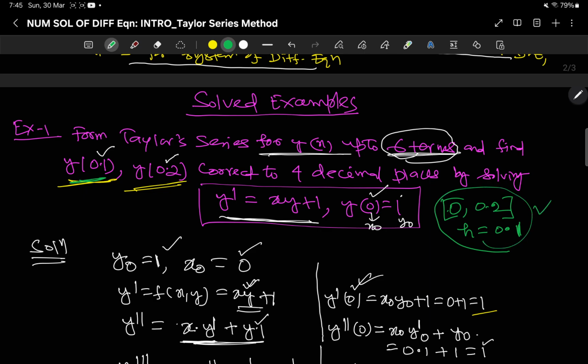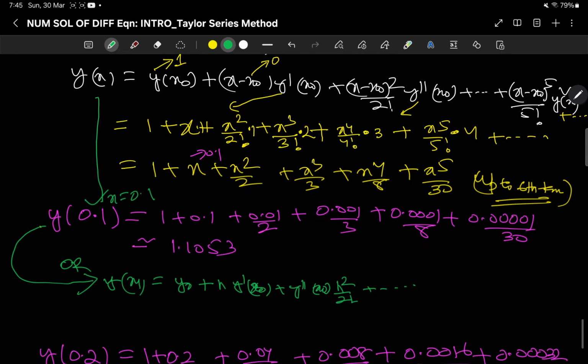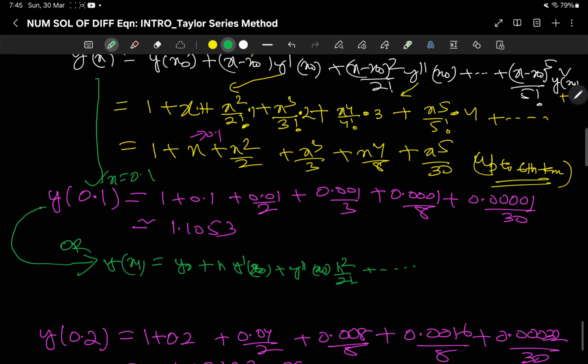So if you think like an iterative scheme, then we substitute the value of x0 here. Here x0 is equal to 0, h is equal to 0.1, and I calculate it, it will give me 1.1053.